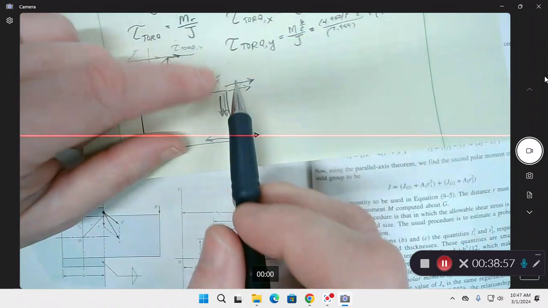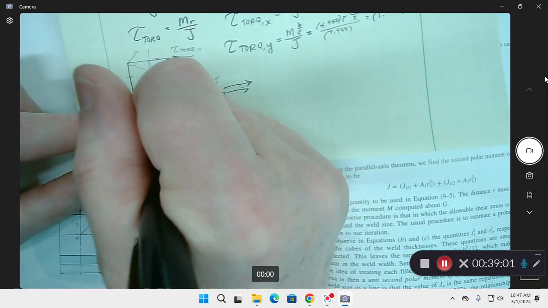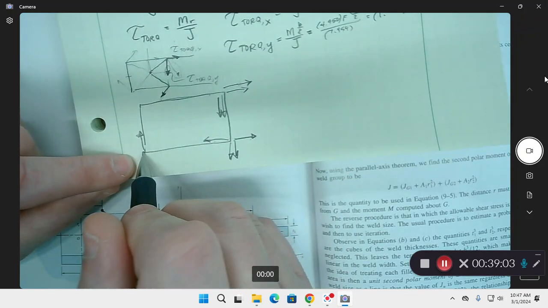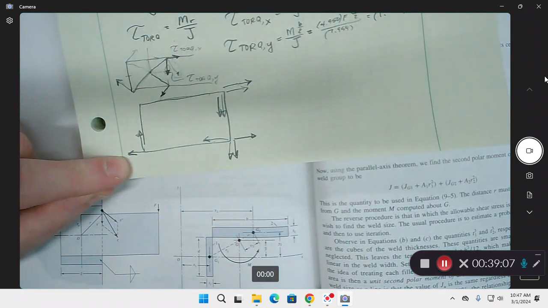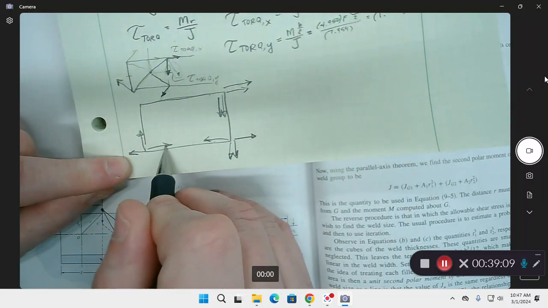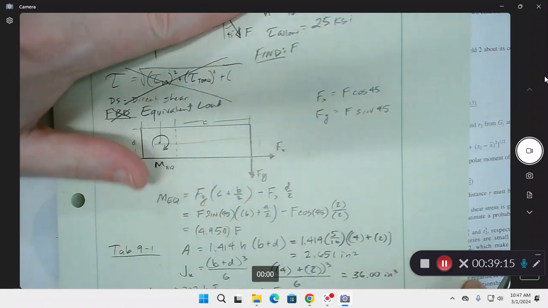So this one will definitely be bigger than that. And then you do the same idea up here. Due to the torsion, we'd have that and that, represented by that. But we would have this and that due to the force going that way and down that way.